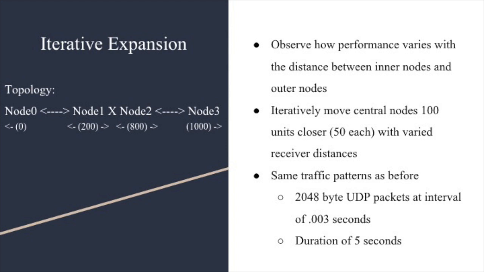We moved the central nodes consecutively 100 units closer, and then pushed the outer receivers 100 units apart, which corresponds to 50 units each. Once again, we are maintaining the same traffic patterns as before, so we are trying to fully utilize the network bandwidth in terms of each sender-receiver pair.